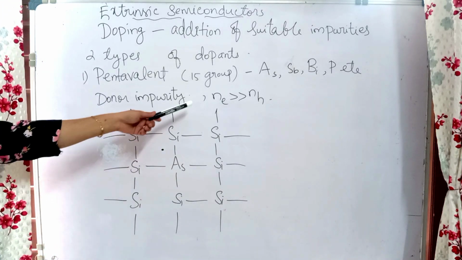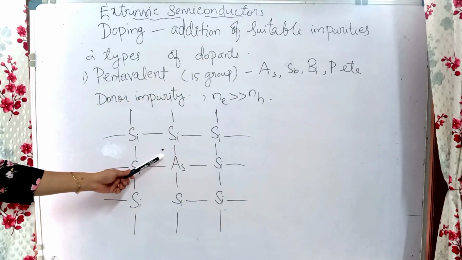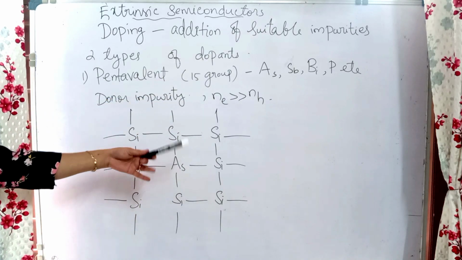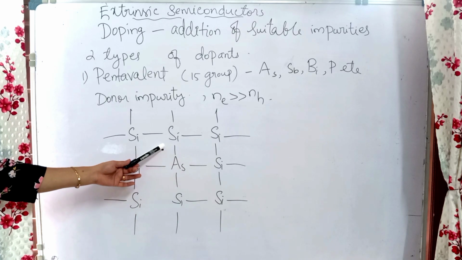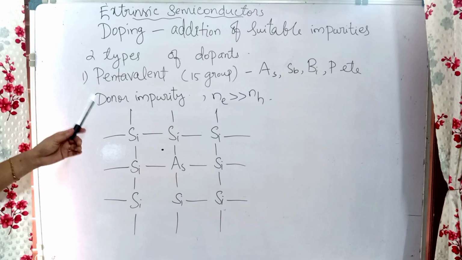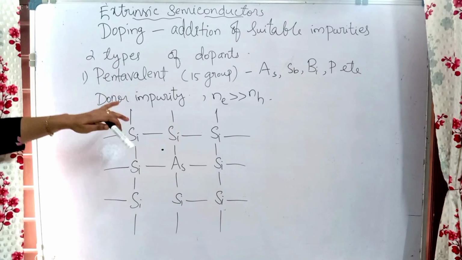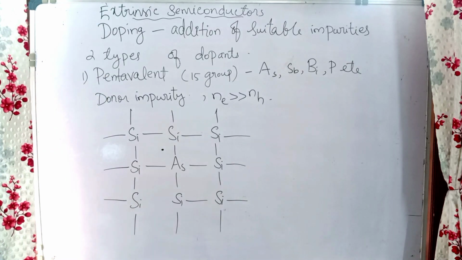The number of electrons will be more than the number of holes, because there is one extra electron in the impurity atom. Clear? This is very important. Now we have to discuss trivalent impurity, the second type of extrinsic semiconductor.